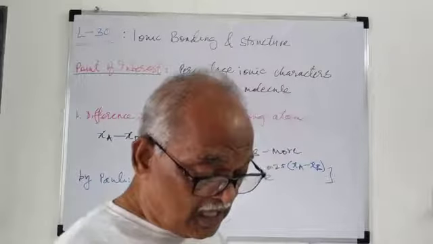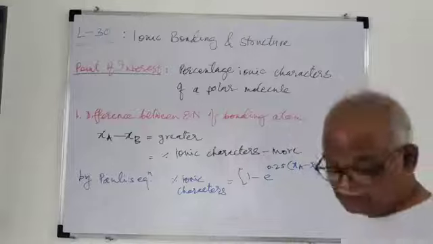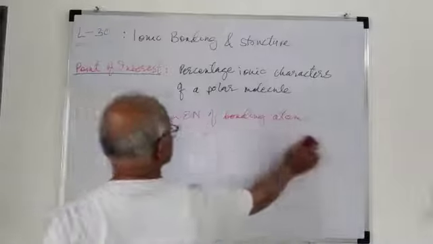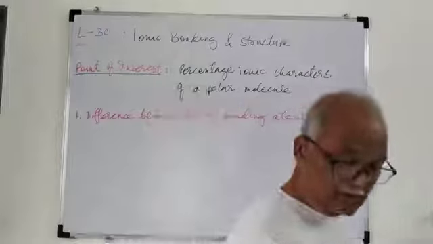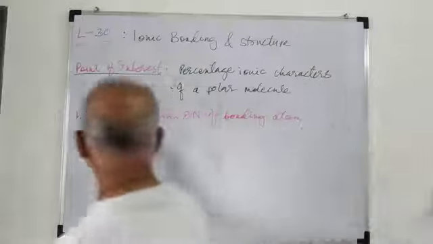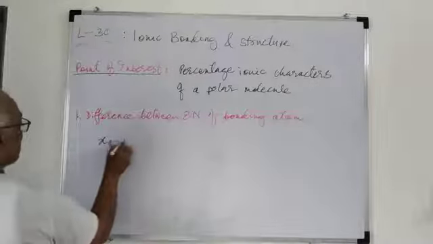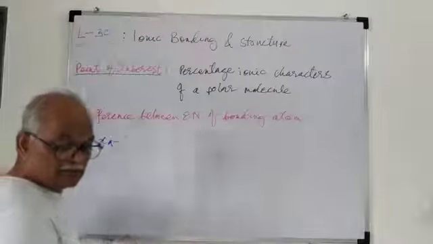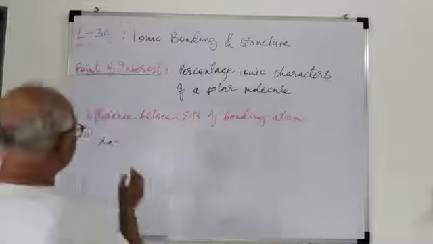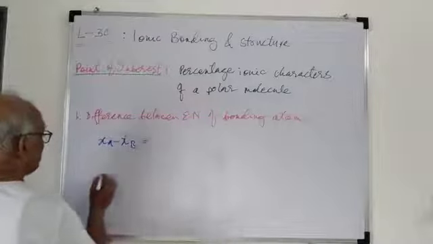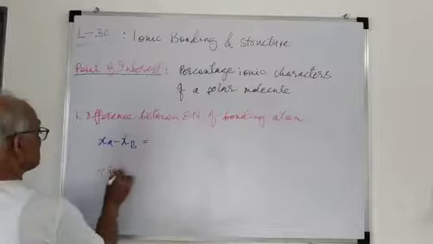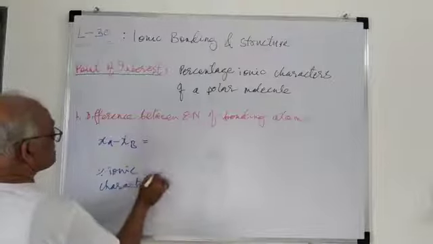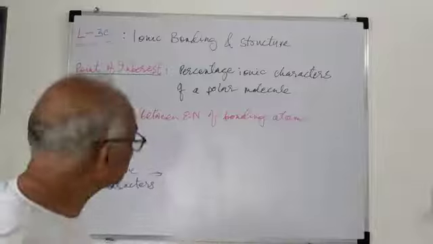We will see the data. If we write Xa minus Xb and the percent ionic characters, we can show these values in this direction.